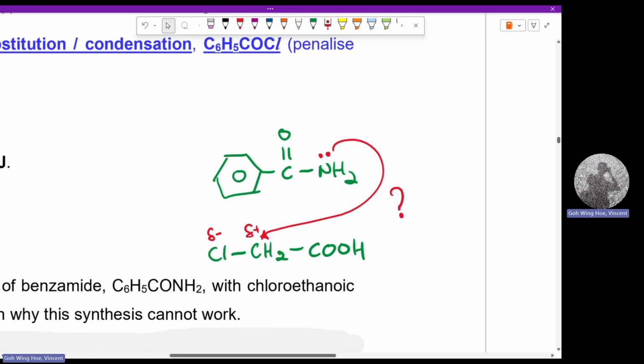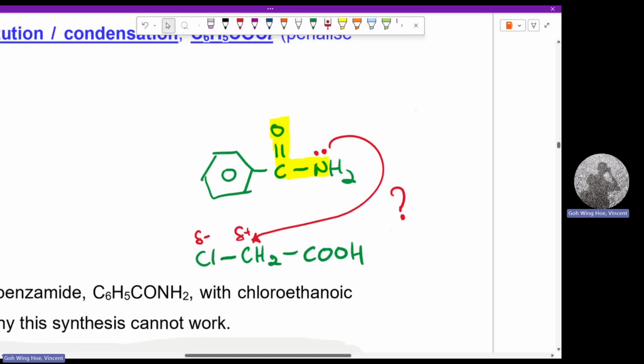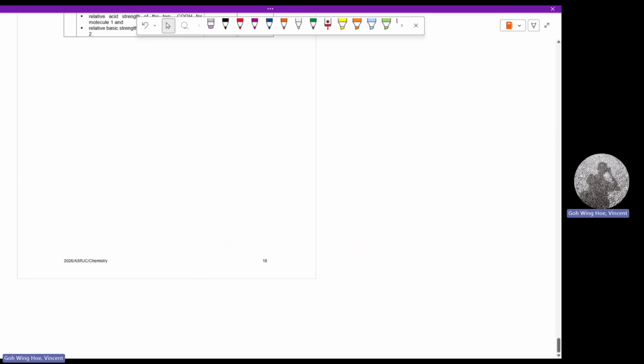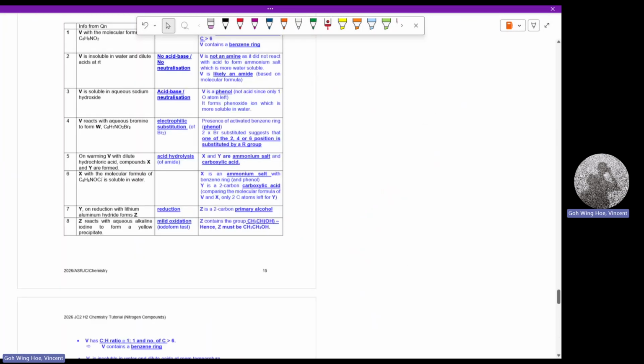So over here, we need to look at the characteristic of the amide functional group, which is the C double bond O and the N atom, which are all connected together. As we have learned, the lone pair on the nitrogen atom of the amide bond is actually delocalized to the CO group, the neighboring C double bond O group. So that makes the lone pair unavailable.